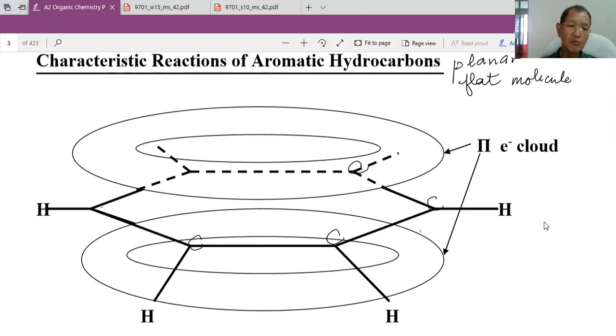How did they come to this structure? Actually, at first, when they found benzene, benzene is found naturally in your oil. They come from the ground, all those undistilled petroleum, the raw oil.